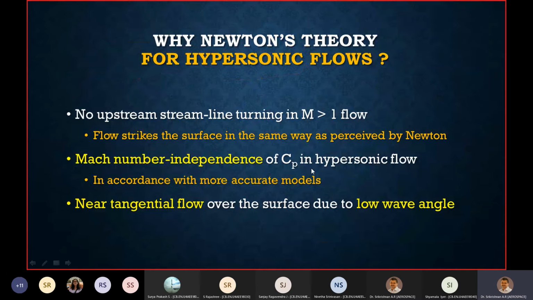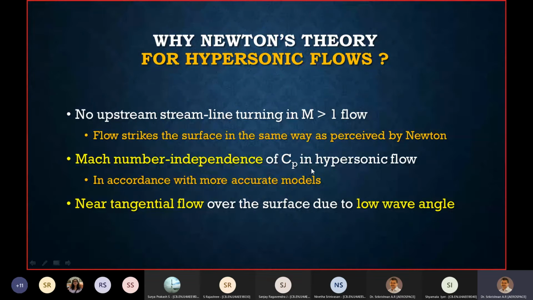Now let's take it to hypersonic. I just mentioned that it can be applied to hypersonic flows. But then the question is, why is Newton's theory applicable to hypersonic flows? In supersonic flow, you don't find much application. Even in regular incompressible subsonic flows, nobody talks about Newton's theory nowadays.